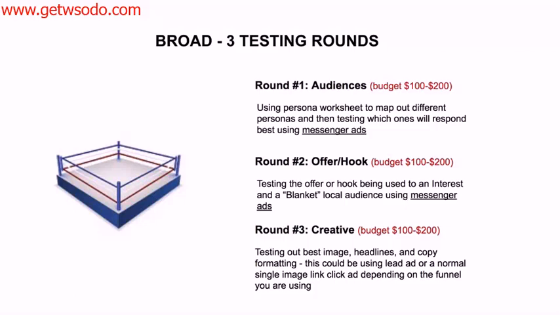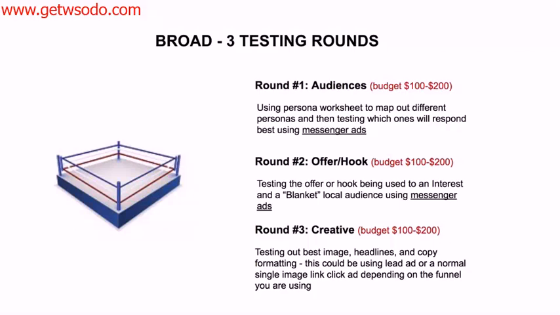Or you even pit that up against a generic direct response without even a hook or offer to see, does that even work the best? So that's where you test out the offer. Again, you're using a messenger objective ad here. And you just need to set the expectation with the client that they need to respond to those messages, etc. Once you've figured out the offer, what you then do is you activate the funnel.